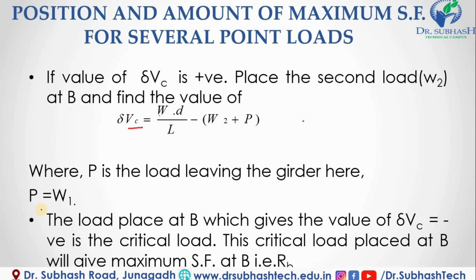So P is W1. The load placed at B which gives a negative value of delta Vc is the critical load. This critical load placed at B will give the maximum shear force, for example at the section for RB, the reaction at B, because the reaction at B is negative. The same principle applies there.